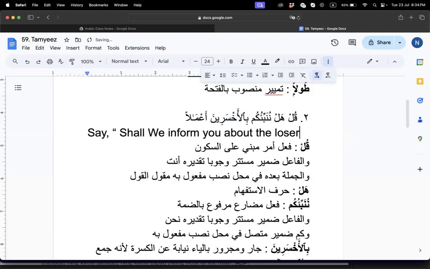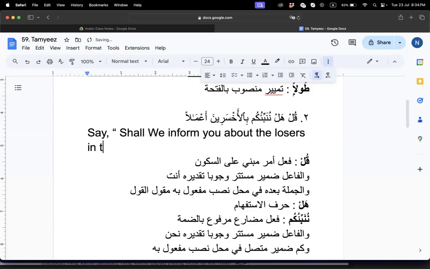A'malan, in terms of amal. Action? Deeds, yes. Clear? Because someone could lose money, someone could lose life, right? So Allah is saying what kind of losers they are: they lose in terms of their amal.